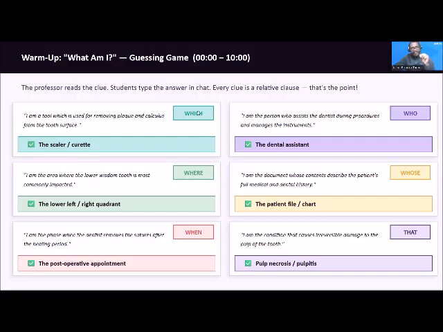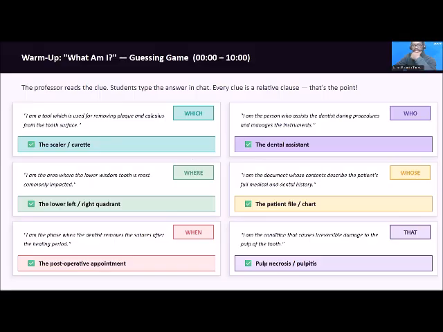Notice we have our different relative pronouns, and these are relative clauses. In these sentences, I'm using relative clauses, but they're all in what we call defining form. Now, each of these relative pronouns does a specific job. So let's zone in on these specific jobs.